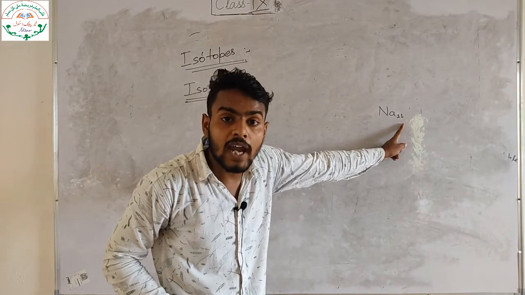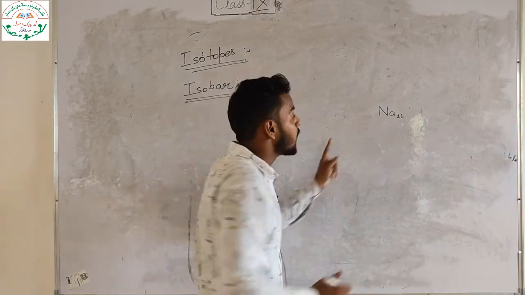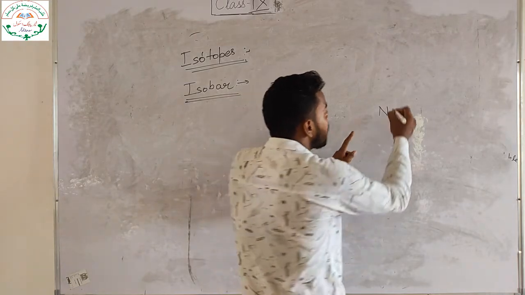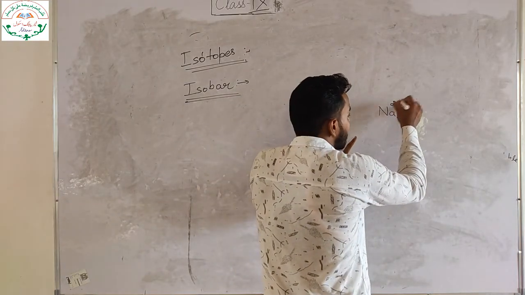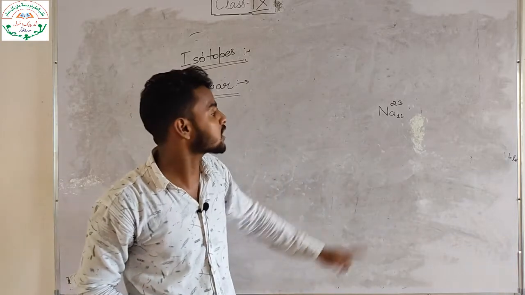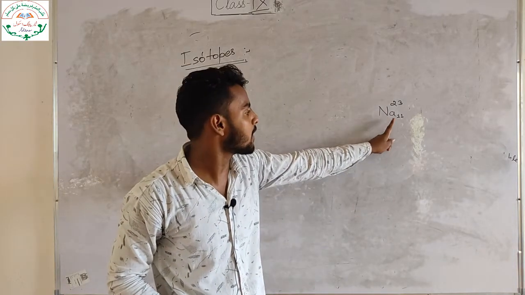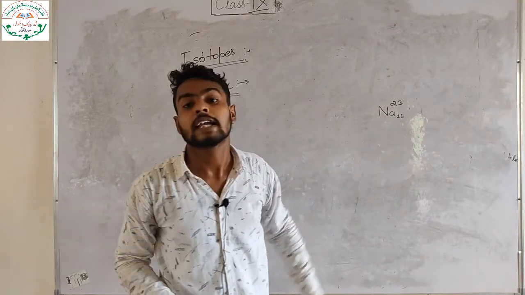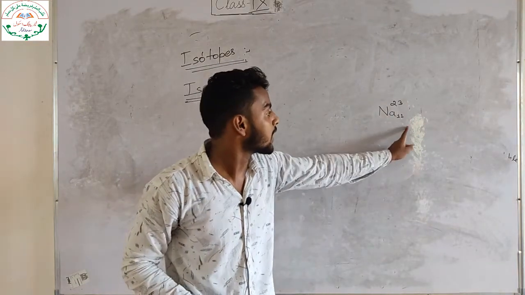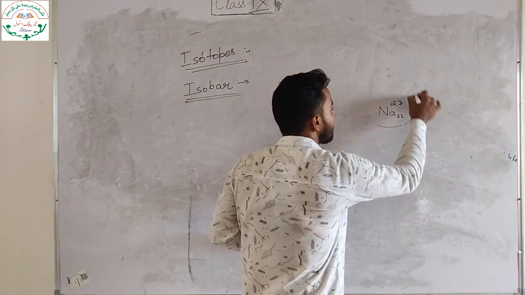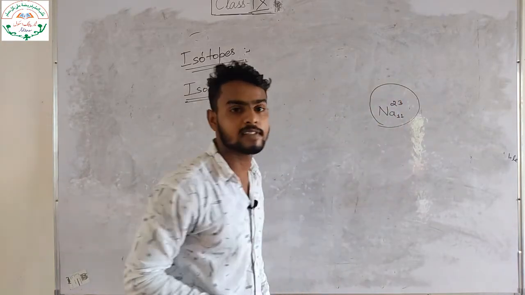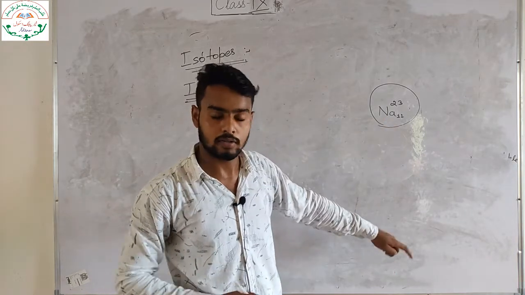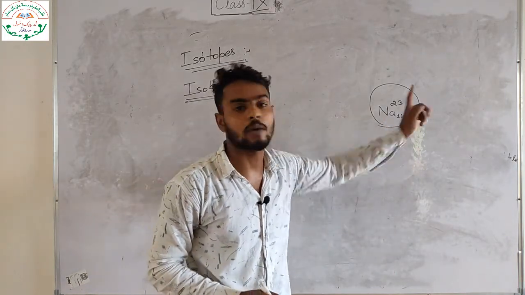If you want to write the atomic mass, you have to write it on the upside of the element. The atomic mass of sodium is 23 and the atomic number of sodium is 11. This is the form to represent the atomic number and the atomic mass of any element.